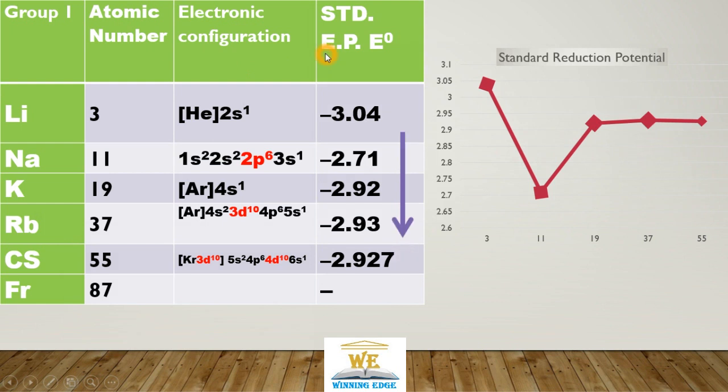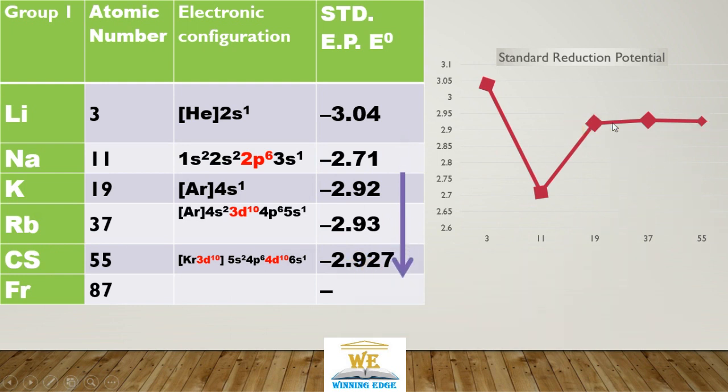The next important property of alkali metals is standard electrode potentials, measured in volts and denoted by E naught. For lithium it is minus 3.04 volt, minus 2.71 for sodium, minus 2.92 for potassium, 2.93 for rubidium, and cesium approximately the same, 2.927.